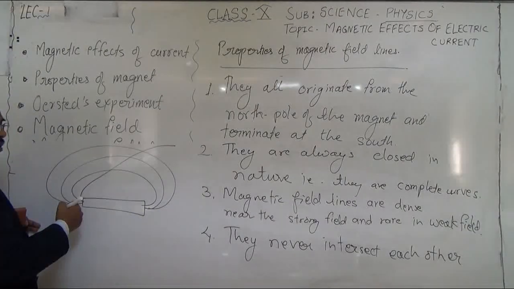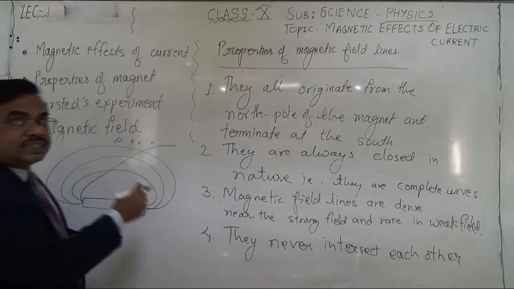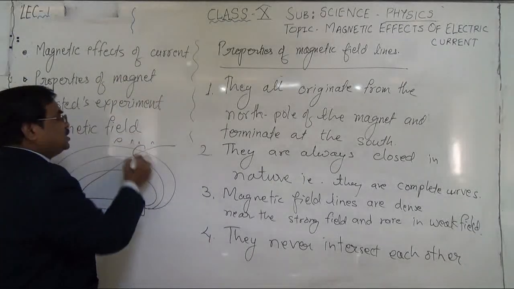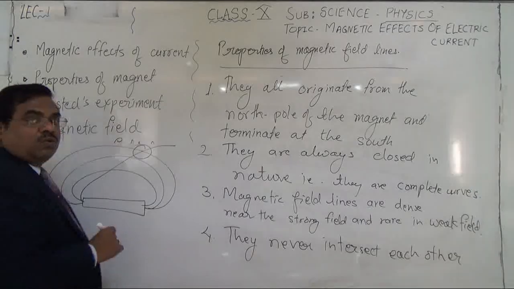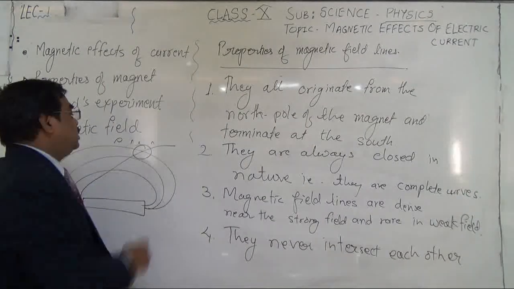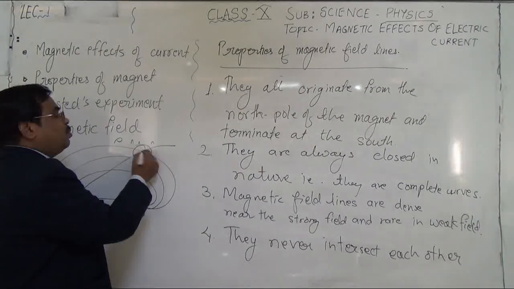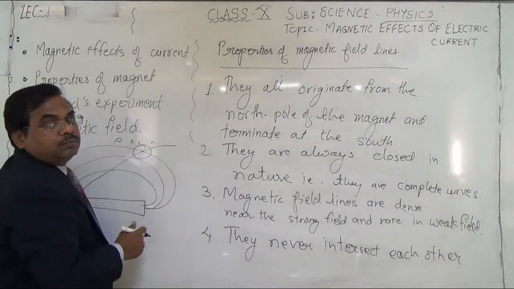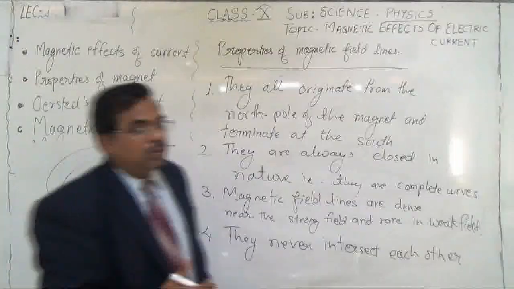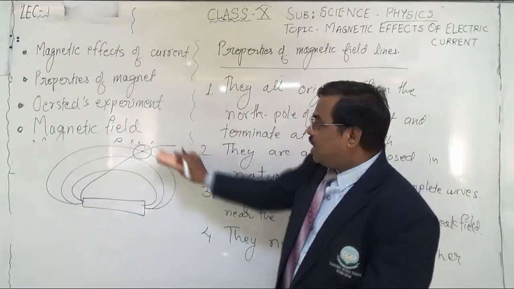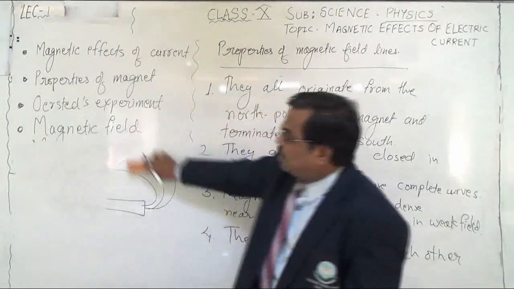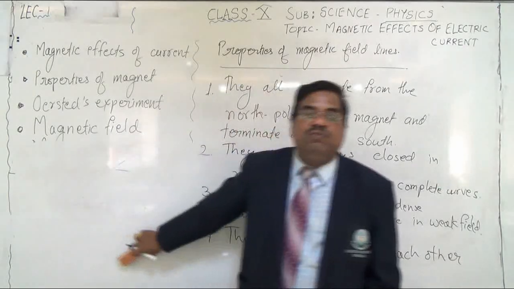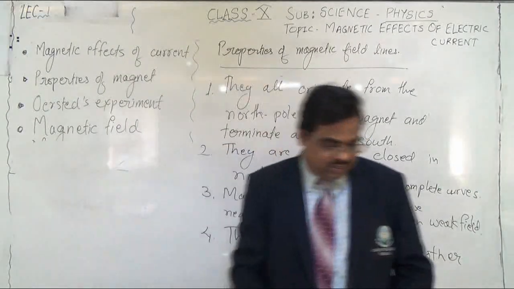If it intersects, suppose at this point, here is the intersection. What does it mean? It means here the compass will have a choice. It can go this side or that side, which is not possible. So the last property says the magnetic field lines will never intersect.